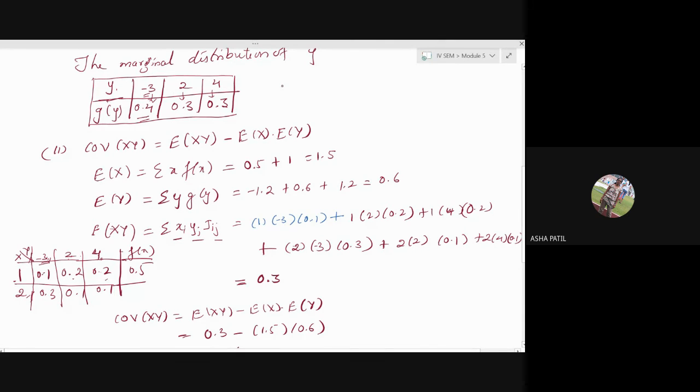So it will be minus 3 whole square into 0.4 plus 2 square into 0.3, then the last one 4 square into 0.3. Square of your y value multiplied by the corresponding probability.